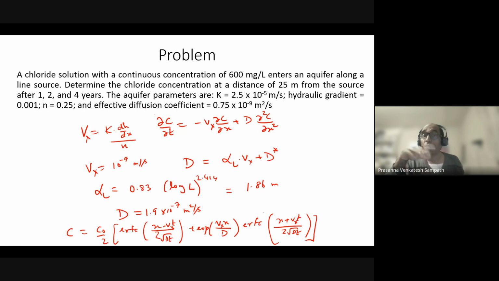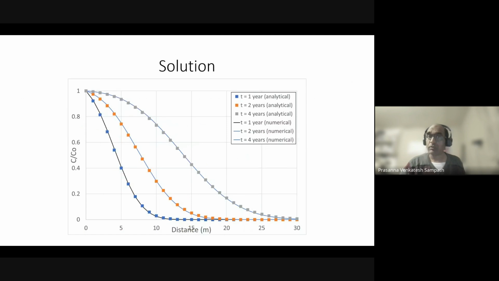Okay, anyway, so now I'm going to show you a plot which compares the analytical solution with the numerical solution. This has been obtained from an Excel file. I'll show you the Excel file shortly, but just take a look at what the solution is telling us. These squares that you see are the analytical solutions, and the solid lines are the numerical solution.